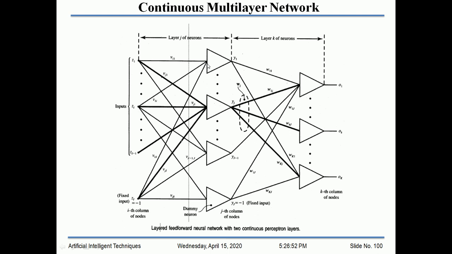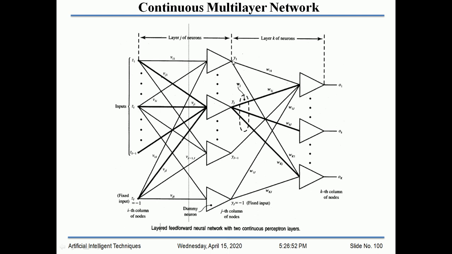Once it is passed through the activation function, here we are using a continuous activation function. Let us consider a unipolar continuous activation function, which is nothing but 1 by 1 plus exponential of minus lambda net. So this is the output of the hidden neuron 1, that is y1.